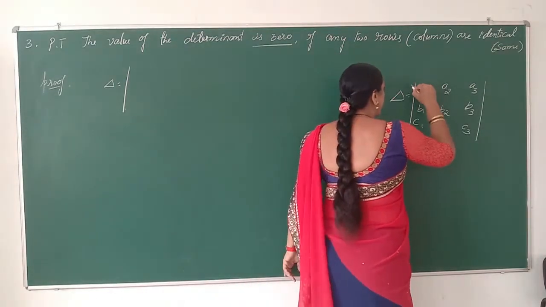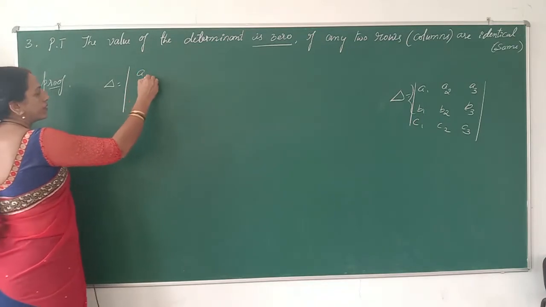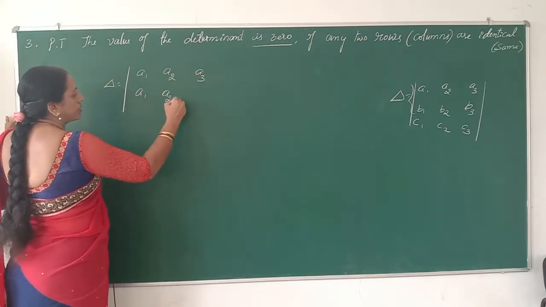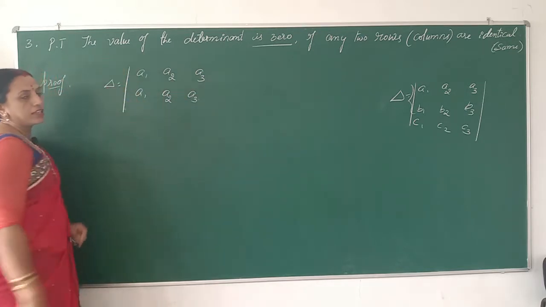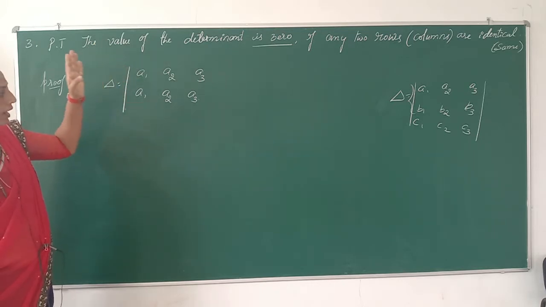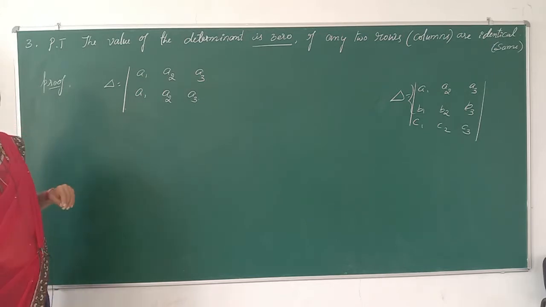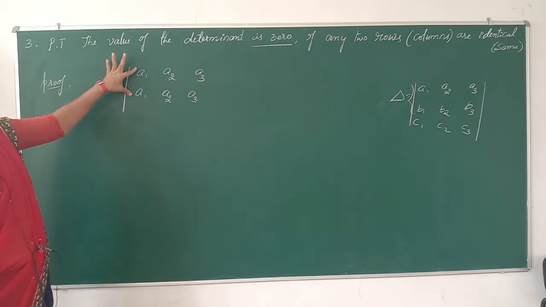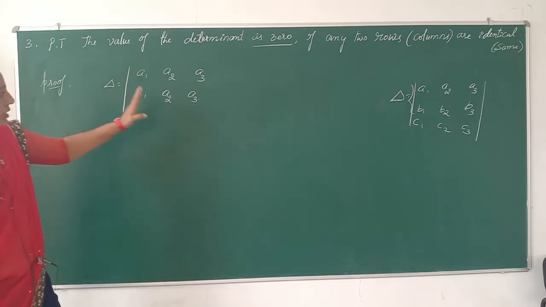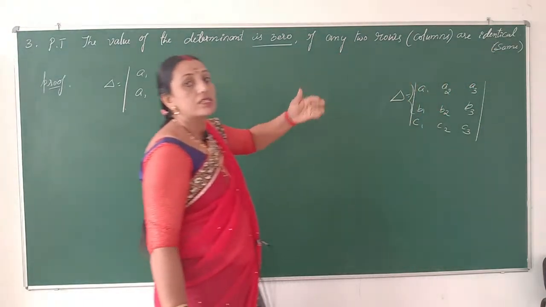Suppose we consider the first and second rows to be identical, meaning the elements of the first and second rows are the same. Corresponding elements are the same: the first element equals the first element, the second equals the second, and the third equals the third. These are called identical elements.